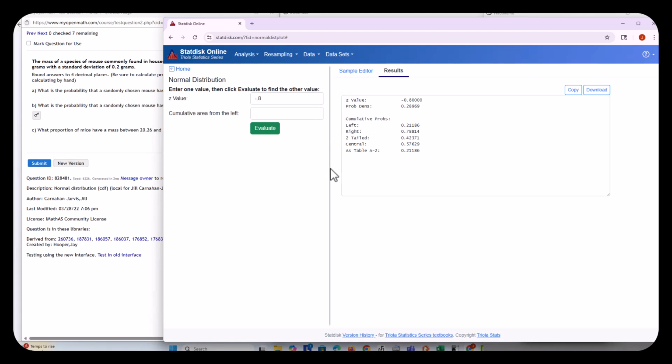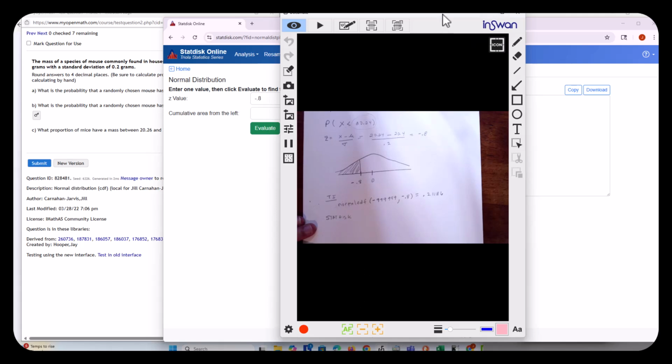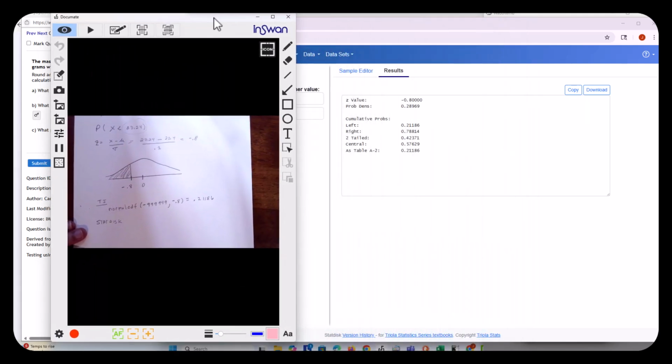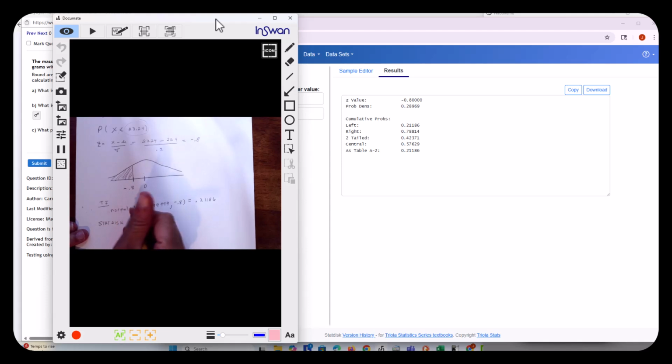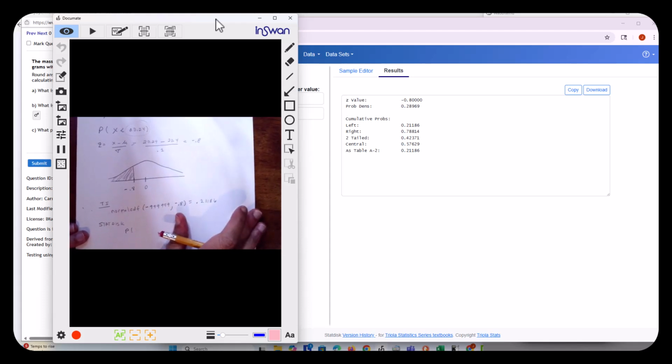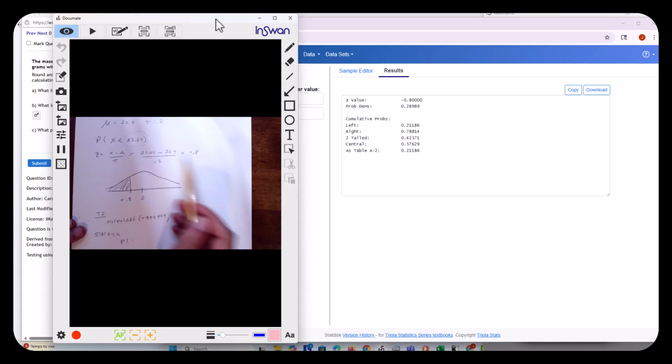So StatDisk is telling me that the probability that X, I'm sorry, and I actually left out one statement here. I should have put this in here.